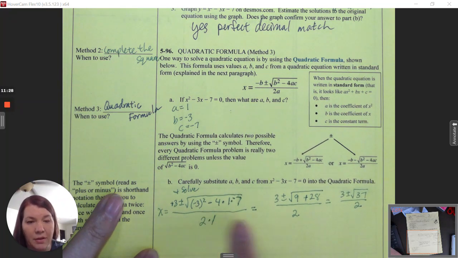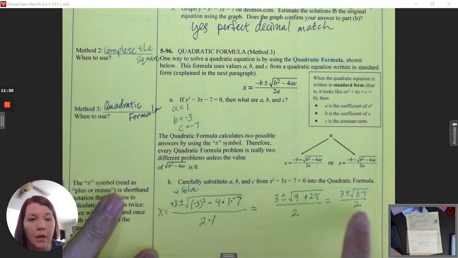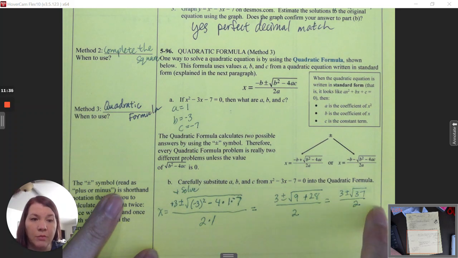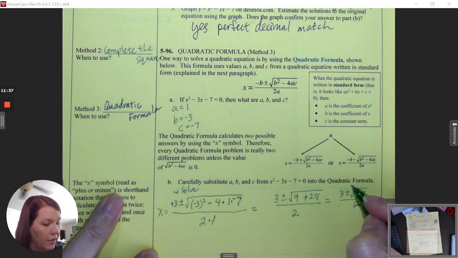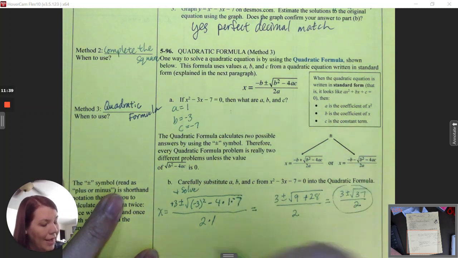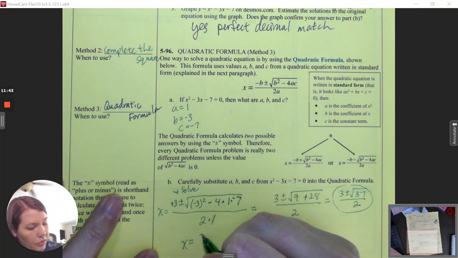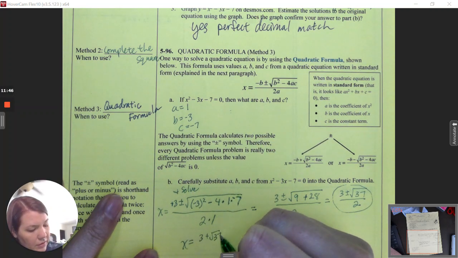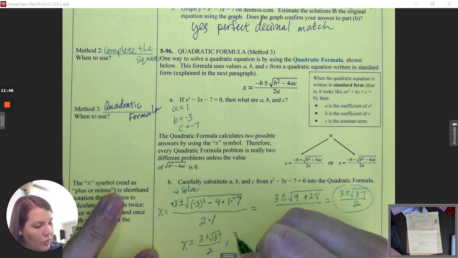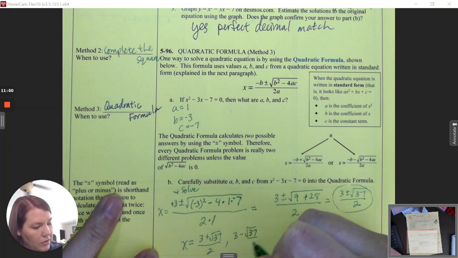And then at the same time, I multiplied on the bottom. Then I added 9 and 28 together to get 37, and there's my answer. And I would use my calculator to figure out what my two answers are. And I don't separate till I'm here. So x is exactly equal to 3 plus radical 37 over 2, and 3 minus radical 37 over 2.